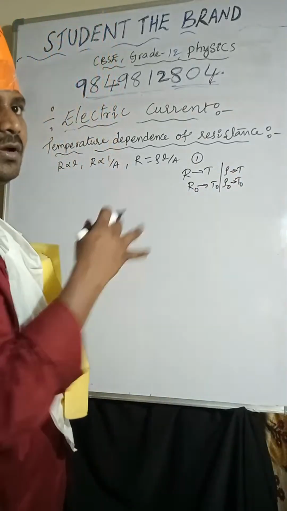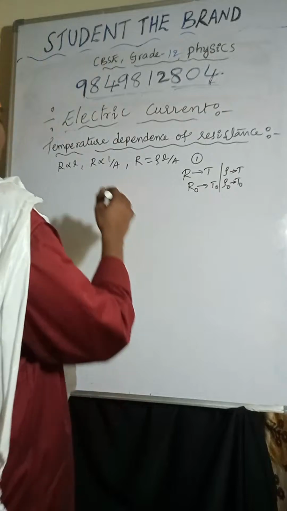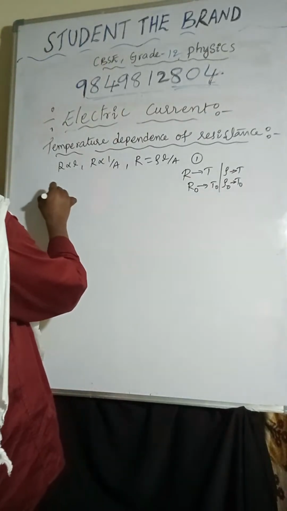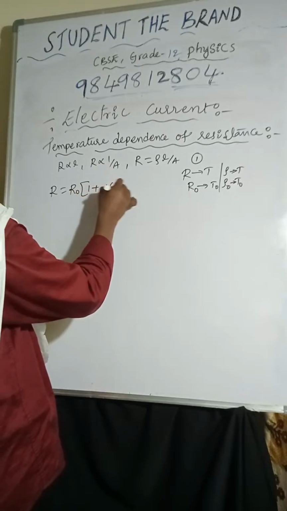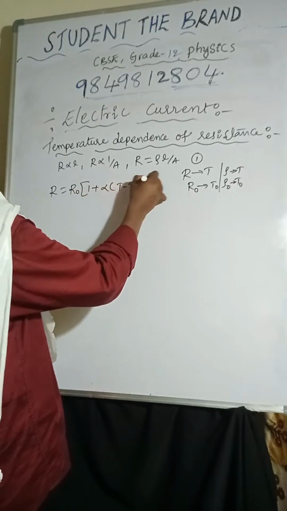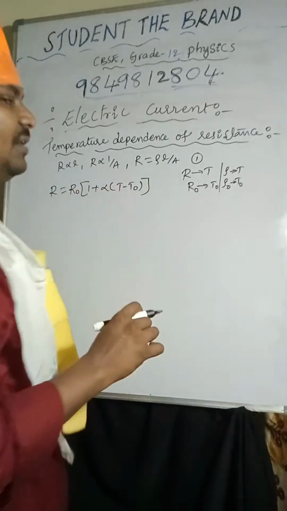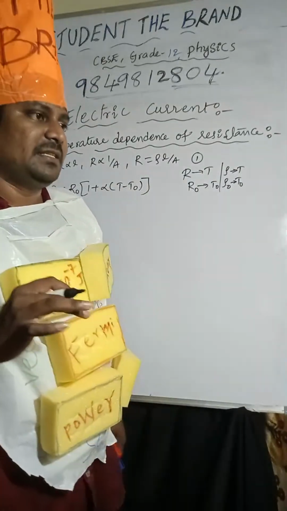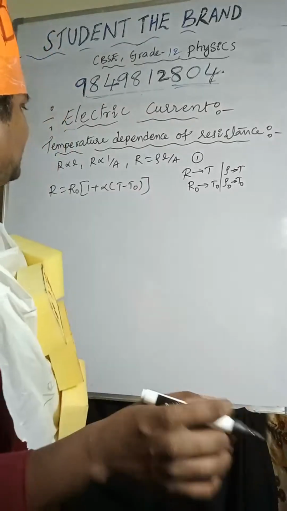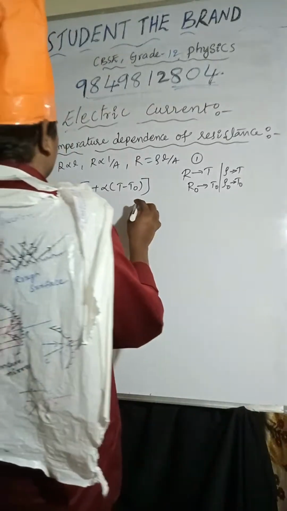Now you can observe the formula: R equal to R naught times 1 plus alpha into T minus T naught. So what is alpha? Alpha is nothing but the temperature coefficient of resistance.